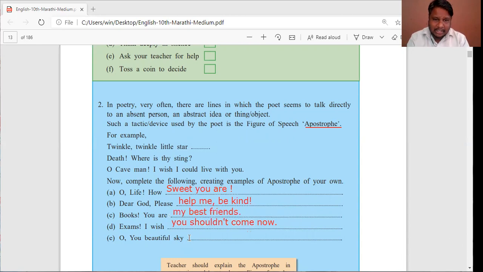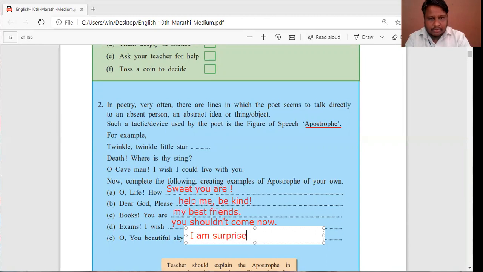And the last sentence is there: Oh, you beautiful sky, I am surprised about your vastness.